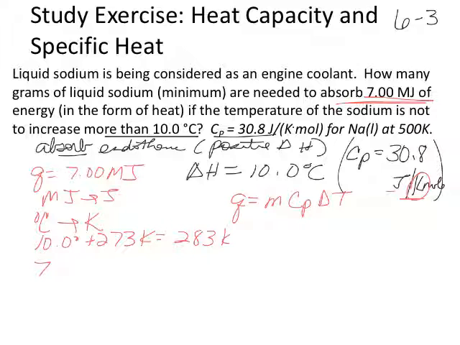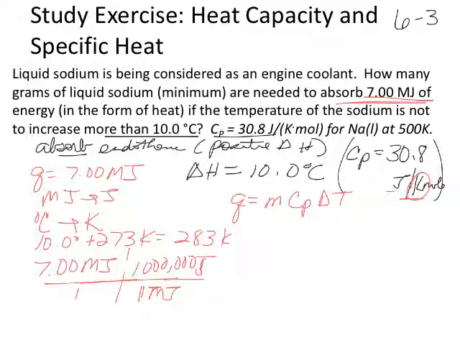Megajoules, so basically 7.00 big MJ. Big M, mega, is bigger than our base unit. So basically, for 1 megajoule, you have 1 million joules. And so that's going to be 7 million joules. And then we're going to put this in our equation.